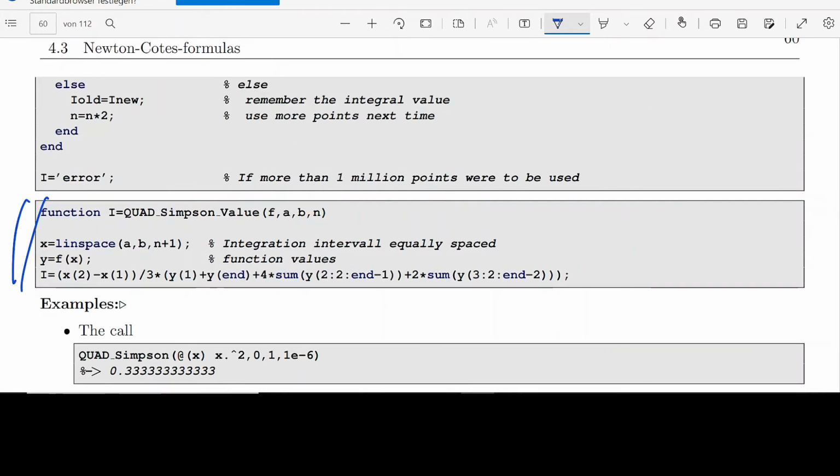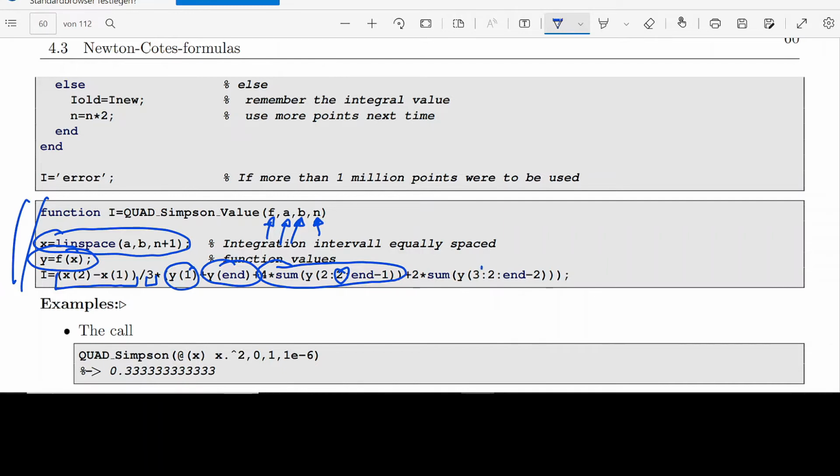And here is the implementation. The user provides the function which can be evaluated, the integration interval, and the number of parts which shall be used. Then we take the x values, evaluate at these x values, and then h divided by 3 times the first value times 1, the last value times 1, then the next to the first times 4, and in steps of 2 it's always weight 4.